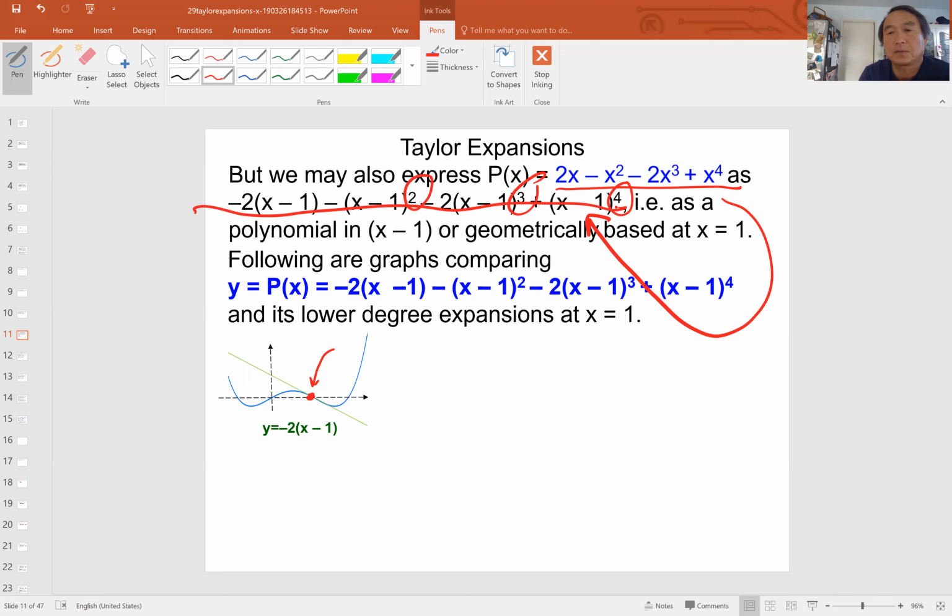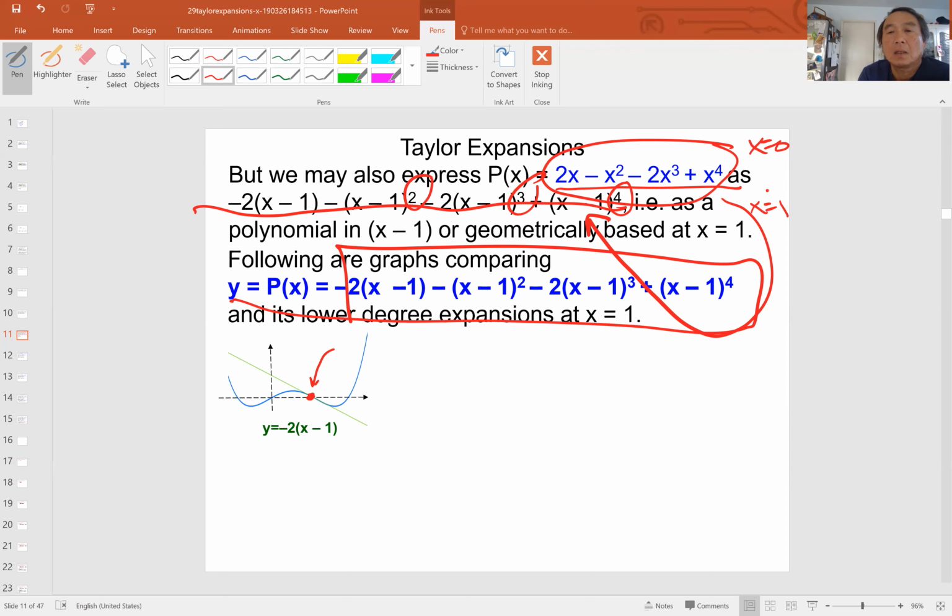Notice these two polynomials are exactly the same polynomial, except the way they are expressed is different. This one is based at x equal to 1, and this one is based at x equal to 0.